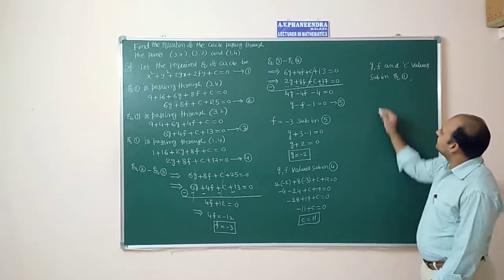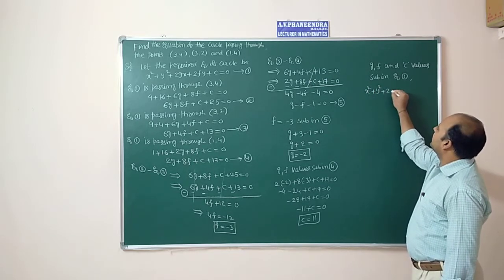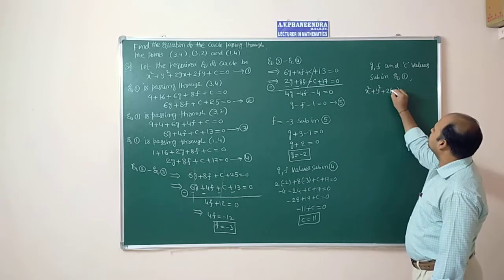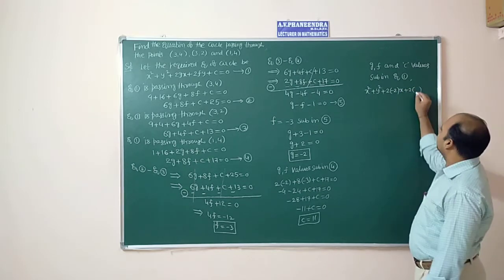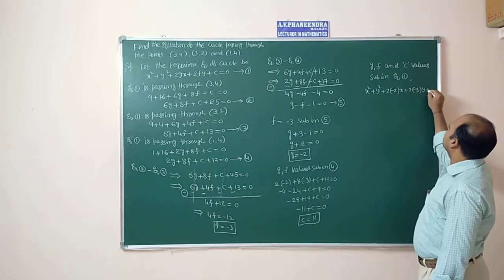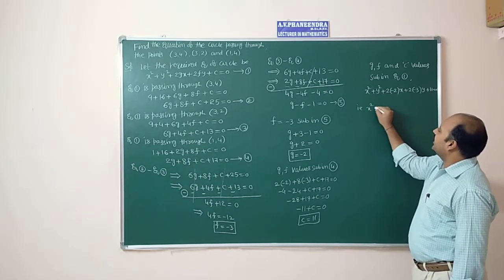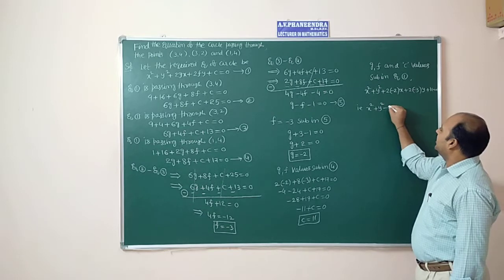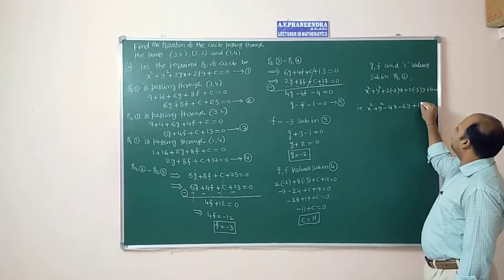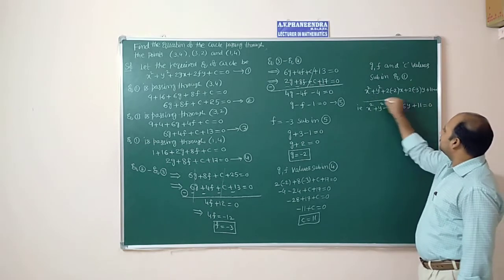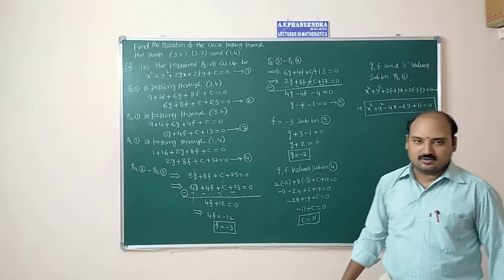Then we get x squared plus y squared plus 2 into g value, minus 2, into x plus 2 into f value, minus 3, into y plus 11 equal to 0. That is x squared plus y squared minus 4x minus 6y plus 11 equal to 0, which is the required equation of circle in method 1.